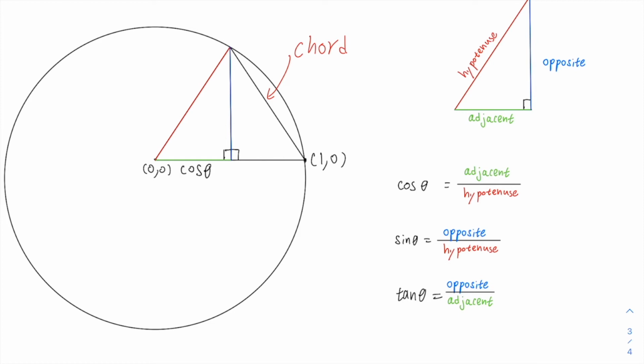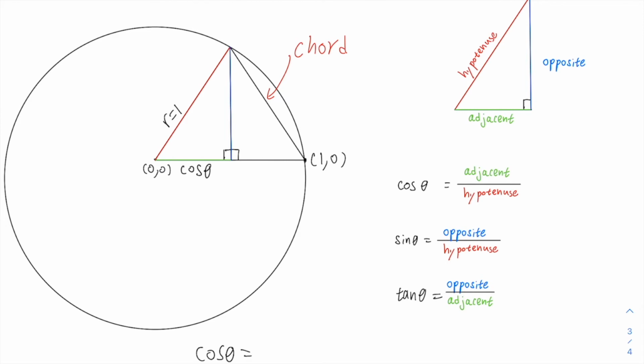And using the definitions of cosine, sine, and tangent in the circle, okay, first spot them out. So the bottom one is cosine theta, because we know that the hypotenuse is equal to 1 because this is a unit circle.